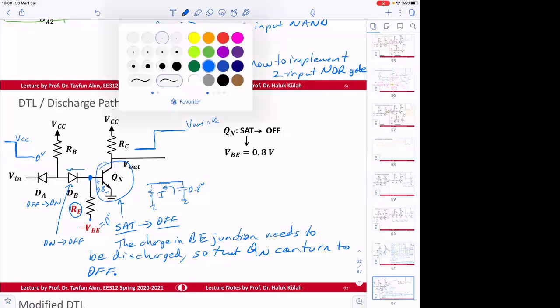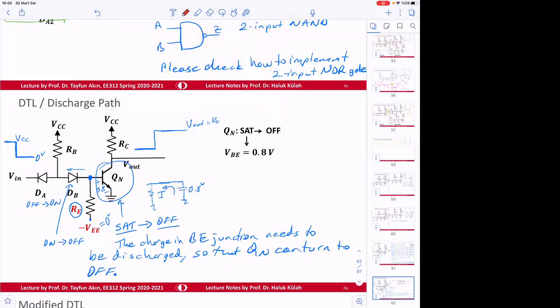But this will not be that sharp. The response may take a time like this, or like this, or even longer. One reason is maybe the load capacitance, C load, if there is any.